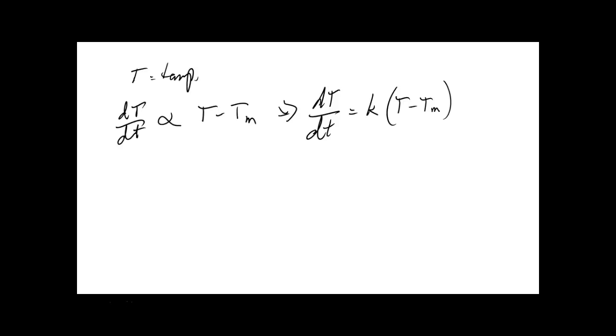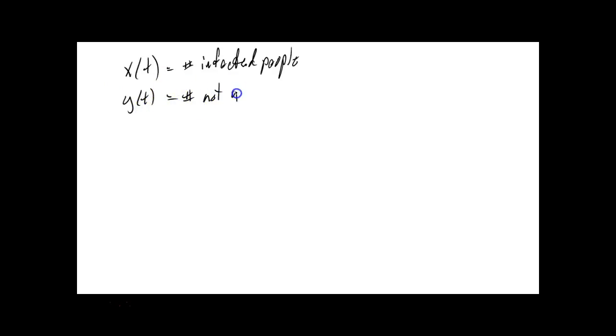So if x of t, let's do this on a clean page, denotes the number of people who have contracted the disease, the number of infections, and y of t denotes the number of people who have not yet been exposed.